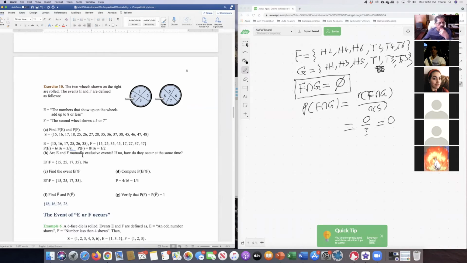And then 2, 5 and 2, 7 are in F. So the remaining ones are 2, 6 and 2, 8.